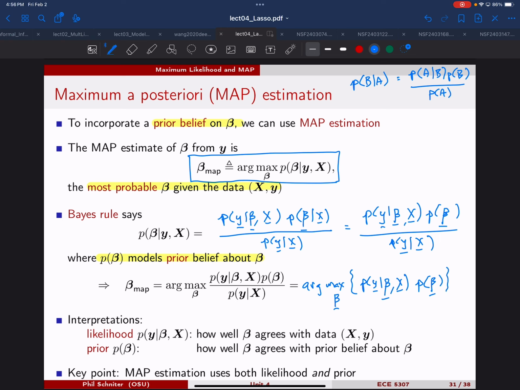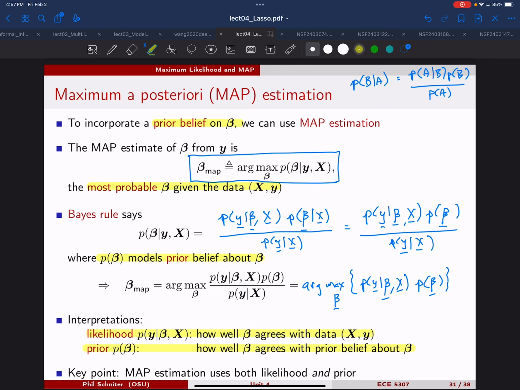Okay, so the difference between maximum likelihood and this: in maximum likelihood, the prior term is not there. Now, with MAP estimation, the prior term is there. So there's really two things we're trying to do simultaneously with MAP. We're trying to find parameters, beta, that agree with the data as given by the likelihood. We're also trying to find parameters, beta, that agree with our prior beliefs about what beta should be.